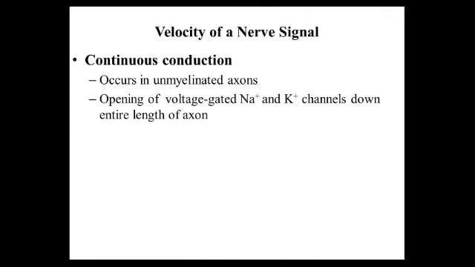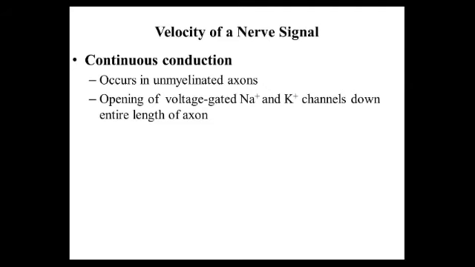All right, still good? So let's look at the two different types of conduction here. And again, one of them is myelinated, one of them is not. Continuous is when you don't have any myelination. So we're going to have to open up sodium-potassium channels down the entire length. That means a depolarization, repolarization every millimeter of that axon. How long did we say these things were? A couple of feet in length, maybe, for some of them.